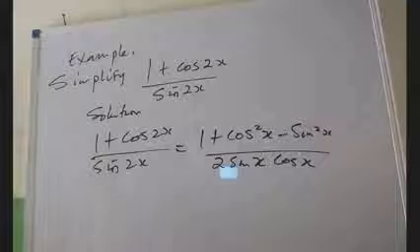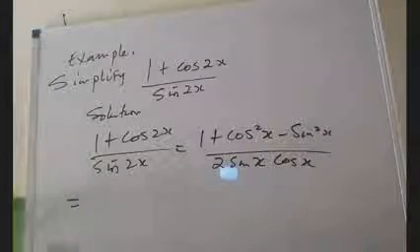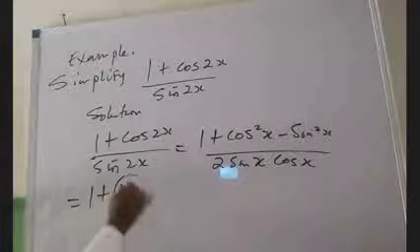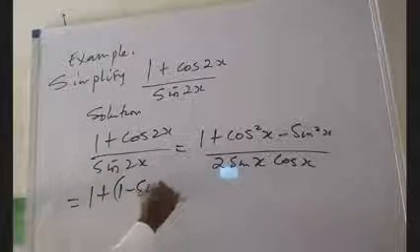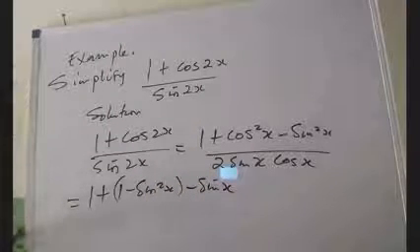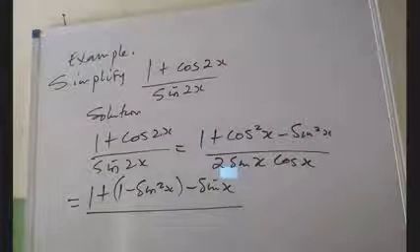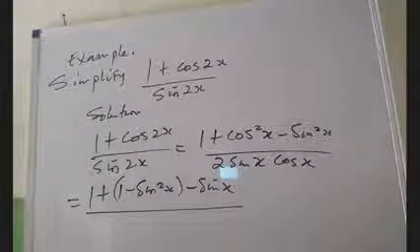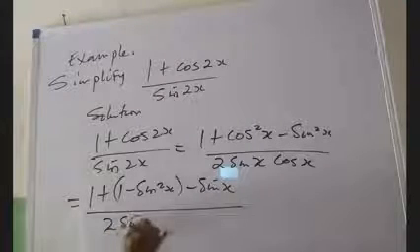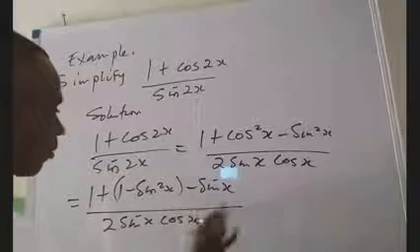If I change cos square x to 1 minus sine square x, this will give me 1 plus 1 minus sine square x minus sine square x, over 2 sine x cos x.